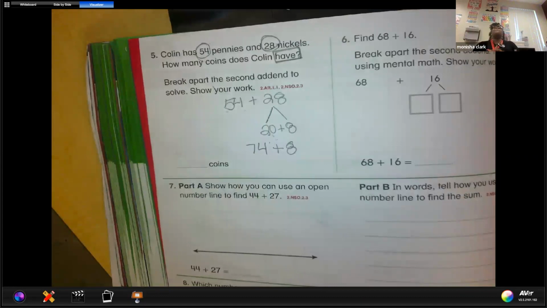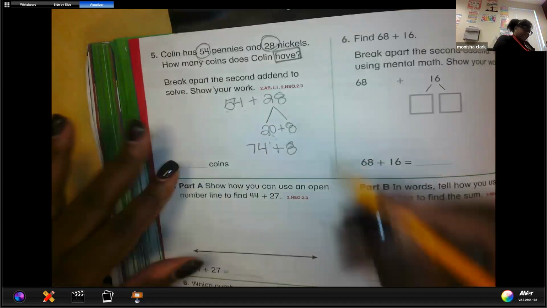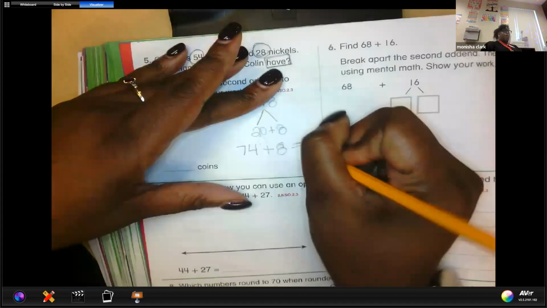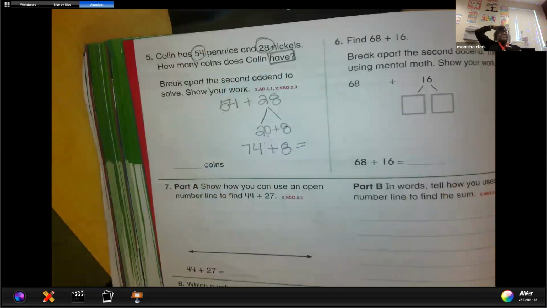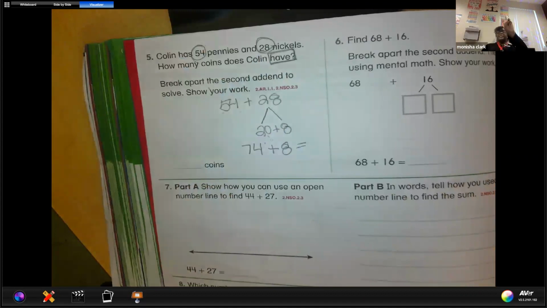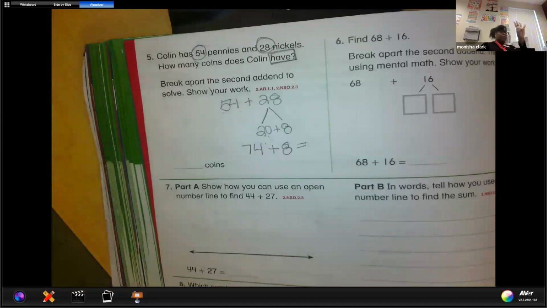When we talk about manipulating numbers, they want you to be able to understand what you need. So we have 8 plus 4. Let's get 8 in our head and let's count 4 more. 8, 9, 10, 11, 12. So now we have 2 digits that's supposed to go in the ones place.